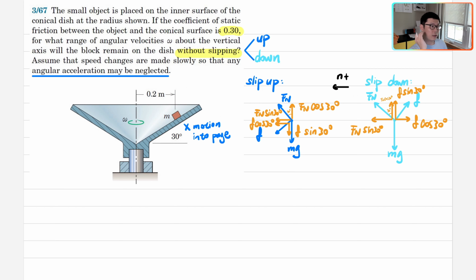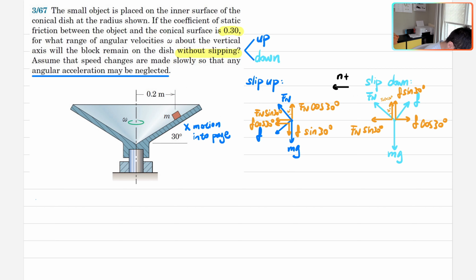So we have acceleration, we have m, and then Newton's second law, the force. That's why we did the free body diagram. Therefore, I will do the slip up scenario here, and I'll give you the answer for the slip down scenario, but you need to calculate the slip down scenario for yourself.